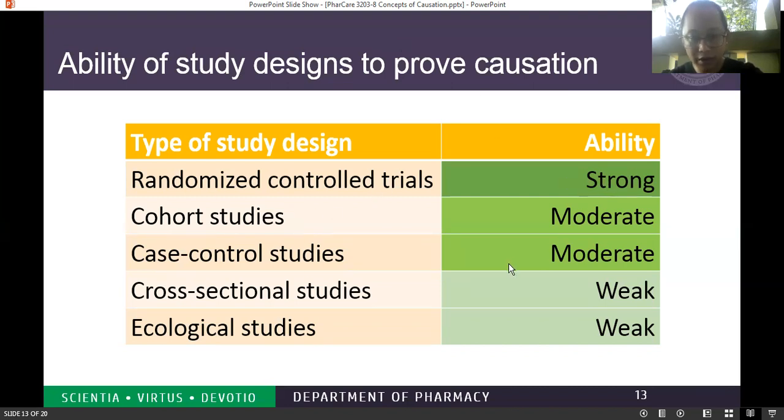Cohort and case control studies are moderate, and the other studies are weak. So if we read a paper, we need to know what the study design is. Then we may have a level of confidence to talk about the topic using that reference.